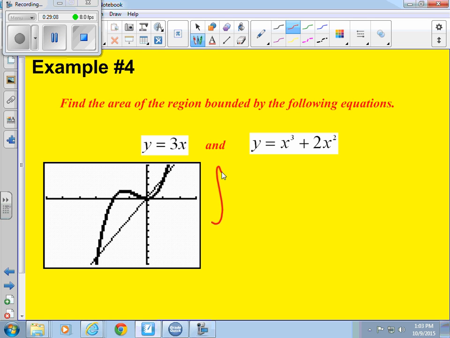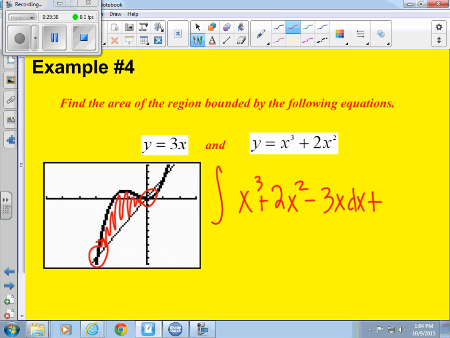What is this first region? What am I going to do for that region? Nothing, because this curve is on top. Everyone agree? So x cubed plus 2x squared minus 3x dx. I need to know those intersections. We all know how to find those in the calculator.